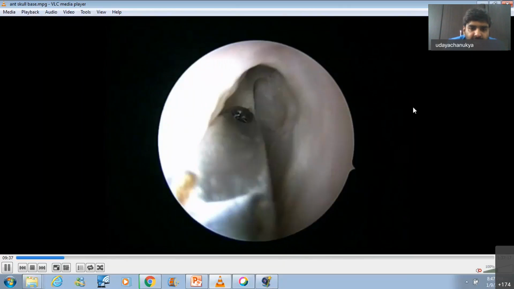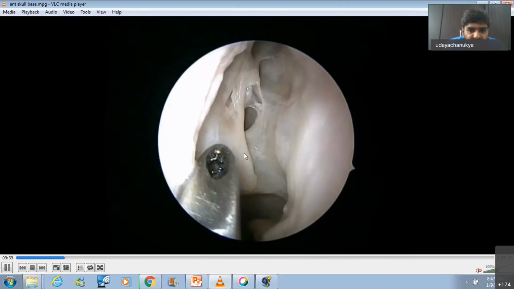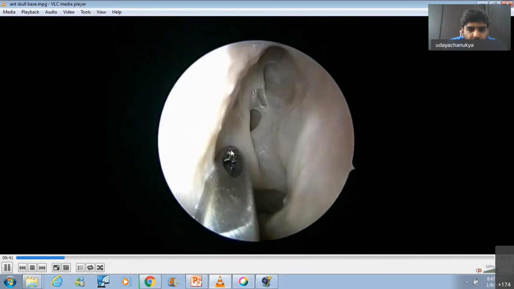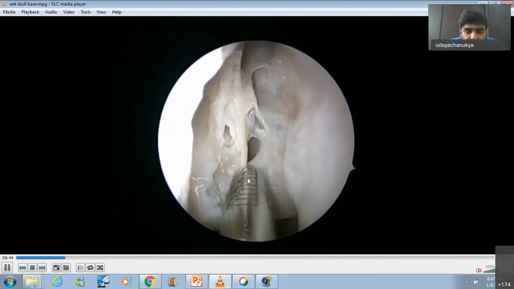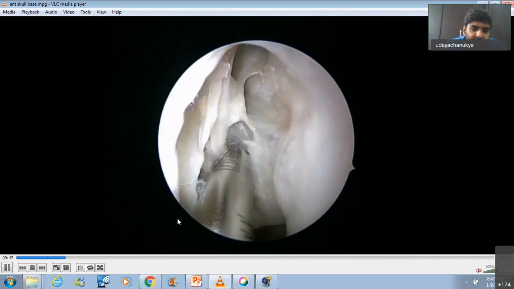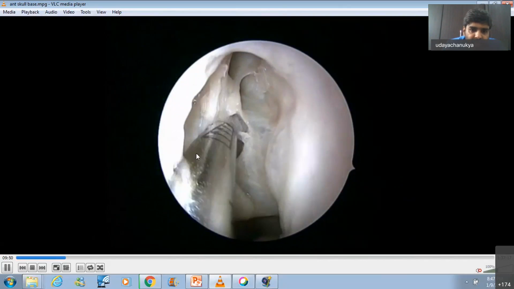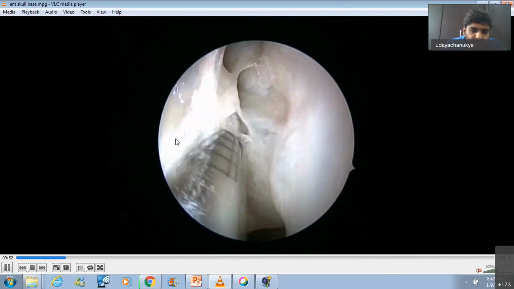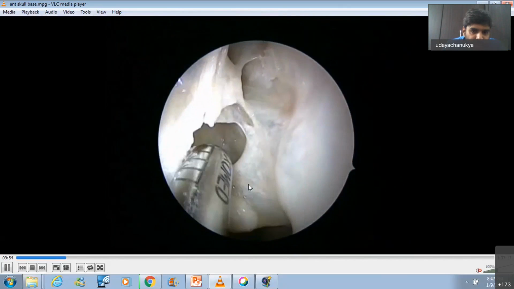anterior ethmoids. This is the bulla ethmoidalis, and one should always enter inferior and medial in order to enter the anterior ethmoids. And this is the entrance into the anterior ethmoids by puncturing the bulla.